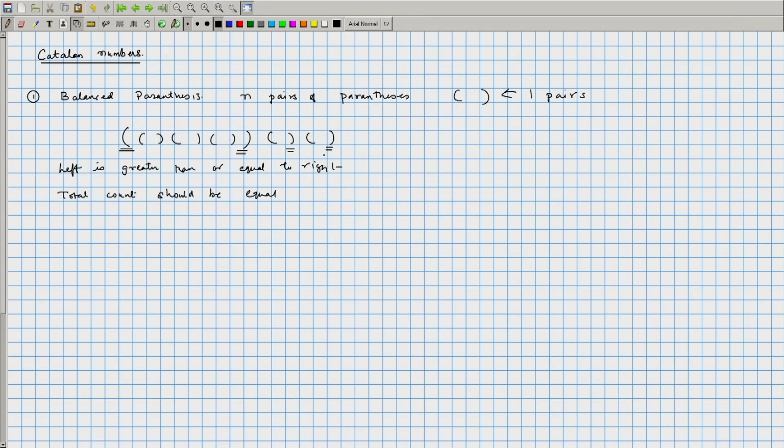Okay. So, we want to find the number of ways of arranging these parentheses so that it is balanced. So, let us take the example where the number of pairs n is equal to 2. So, this is one way and another way would have been this, and these are the only possible ways, because it should begin with the left, the next one can either be a right or a left. If the next one is a left, there is this possibility. If it is a right, then the only way the whole expression can be made balanced is by having this.